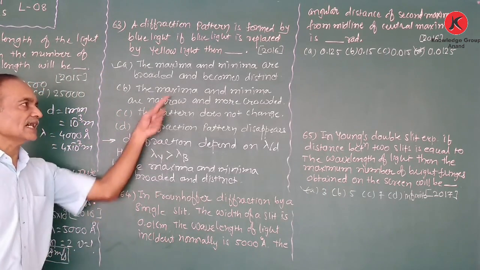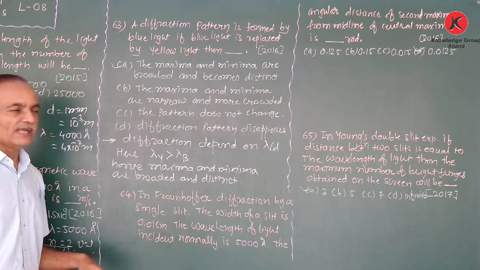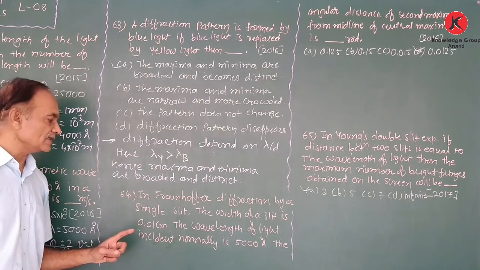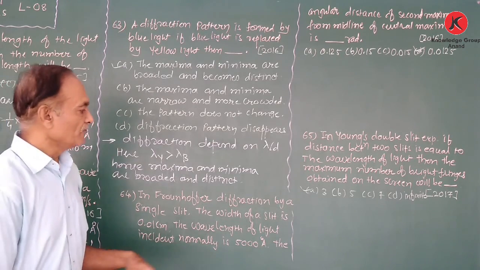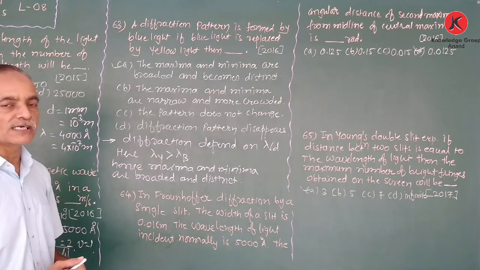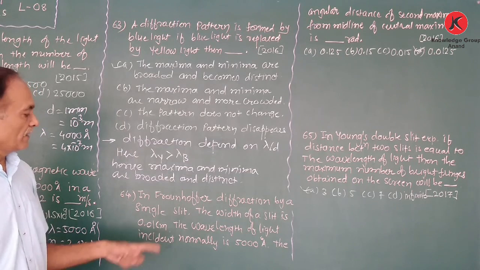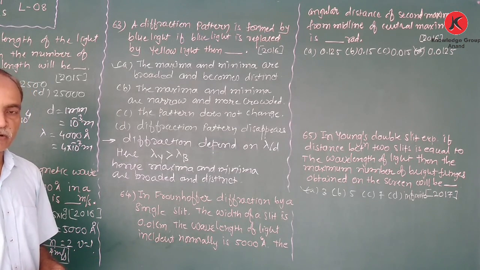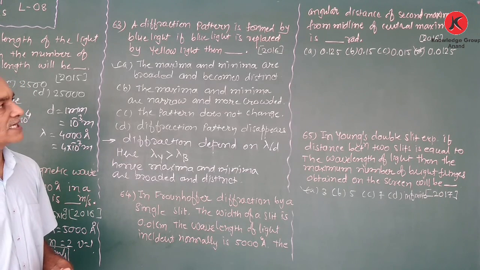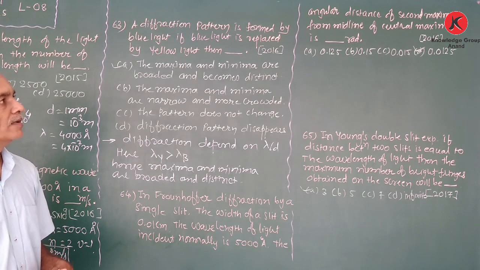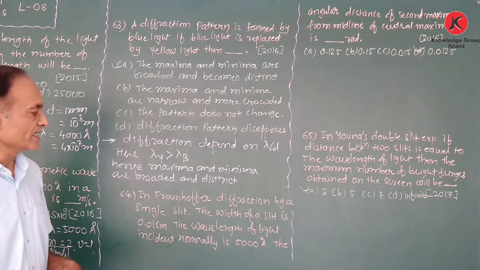This was asked in 2016. Now the next is also asked in 2016. In a diffraction by a single slit, the width of the slit is 0.01 centimeter. The wavelength of light incident normally on the slit is 5000 angstrom. The angular distance of the second maxima from the midline of the central maxima is how much radian?